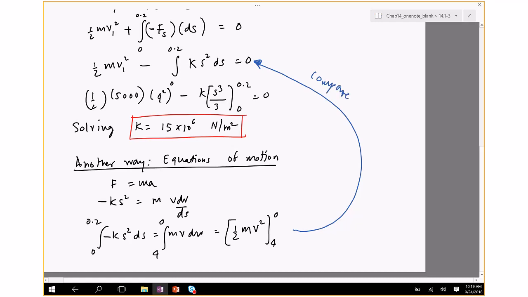If you compare it, you see that it's pretty much the same. So this is just saying that you could solve this problem using equations of motion. Principle of work energy, you need not use it.